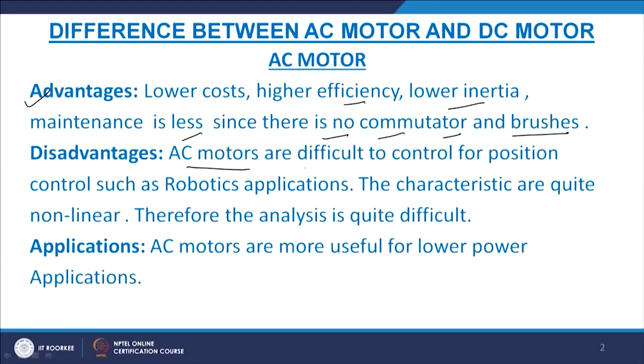AC motors are difficult to control for position control such as in robotics applications. As I told you last time, we have to control the position of a robotic arm. So, how to control it?